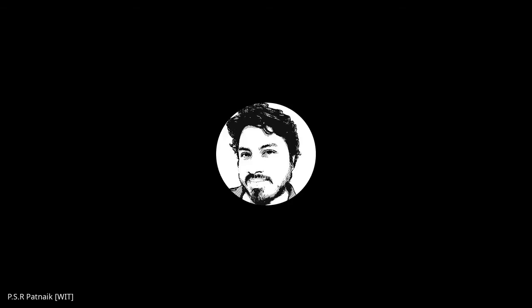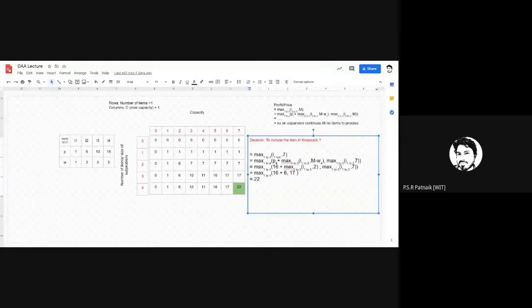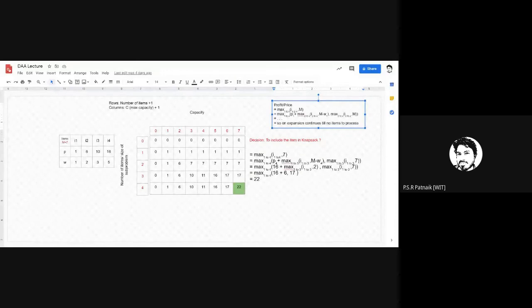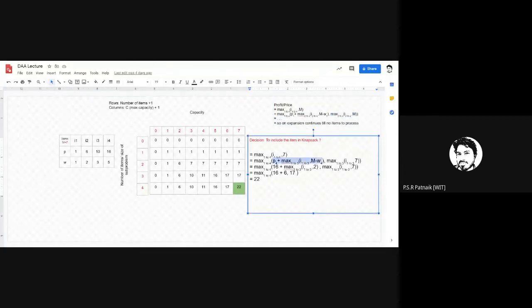If you look here, I'm also calculating max. In recursion, I had to calculate the max of these two. This was profit included, this was profit excluded. Here too, I have the same approach, and I take the max of these two. That will be the value set for this specific cell.